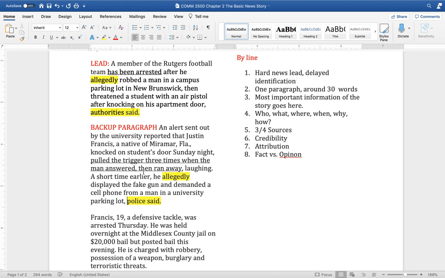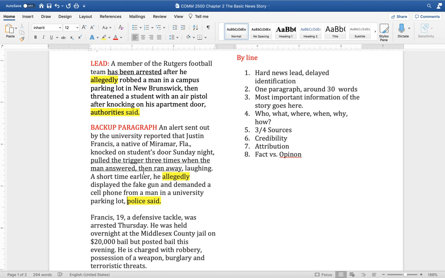And the reason you do that, not only to protect yourself from libel claims, is to increase your credibility with your reader. Why should any reader believe what you put online or in the newspaper or anywhere on a television station, in radio? Why should anyone believe you? And the answer to that question is, well, because I've asked someone who's in a position to know, and this is what they told me.